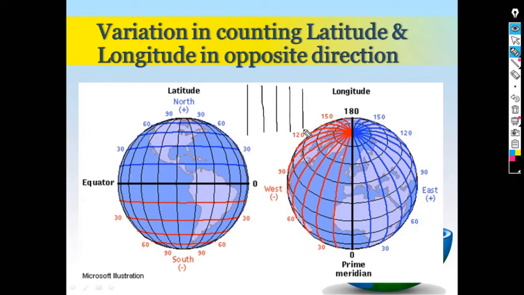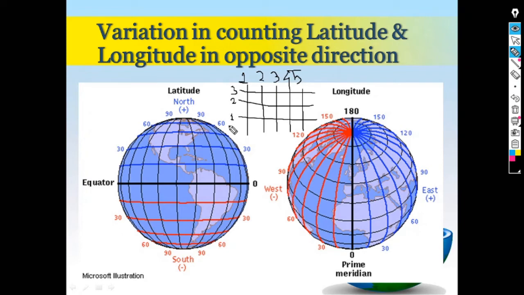Let's say these are your longitudes: 1, 2, 3, 4 and 5. And let's draw some latitudes: 1, 2, 3.